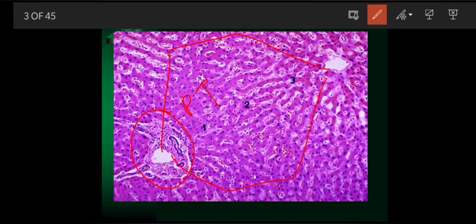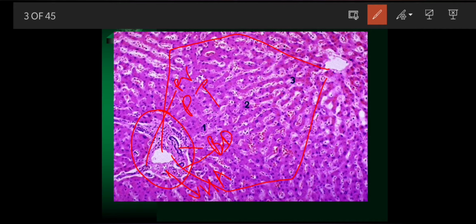Each portal triad has a bile duct, these small ones are bile ducts, then a hepatic artery and a portal vein. The portal vein is usually compressed in nature.